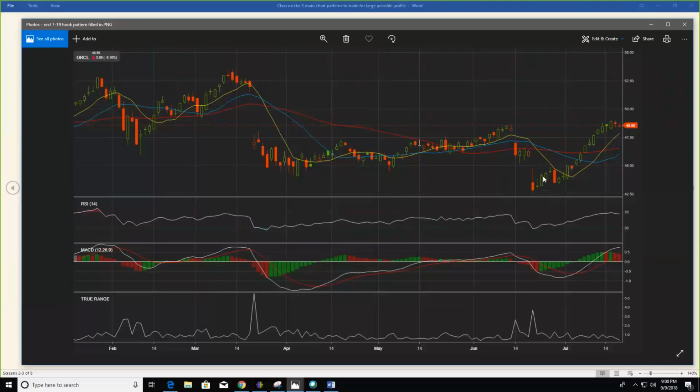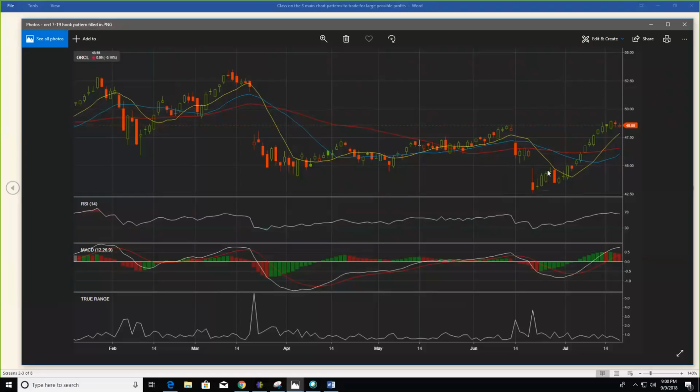Same concept, your target is going to be halfway from the top of the previous 3 candles before the drop, a little bit above $46, maybe $47 a share, down to that $42.50.